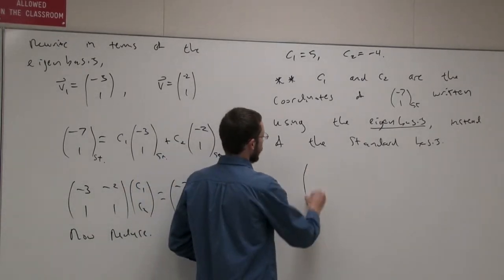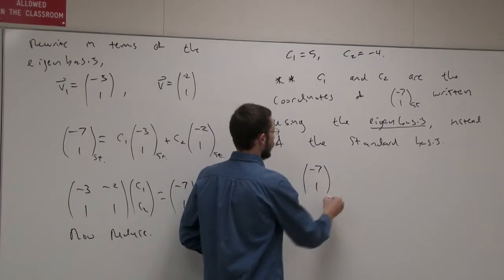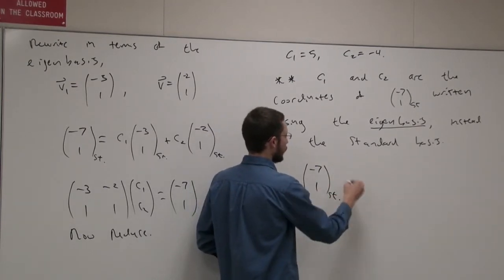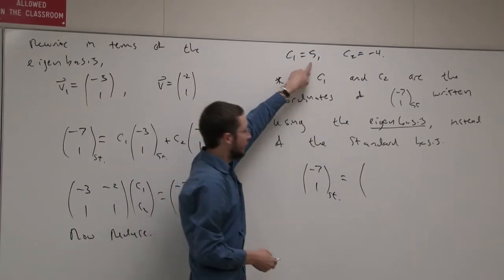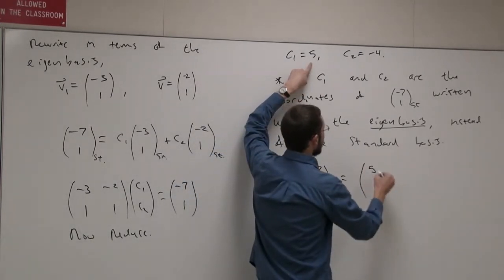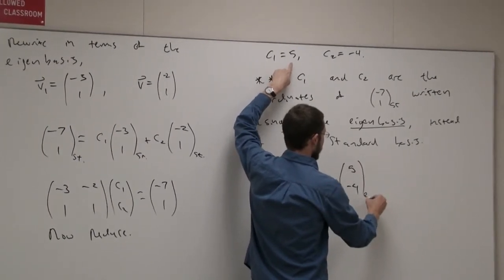What we have then is that -7, 1 in terms of the standard basis is 5, -4, written in terms of the eigenbasis.